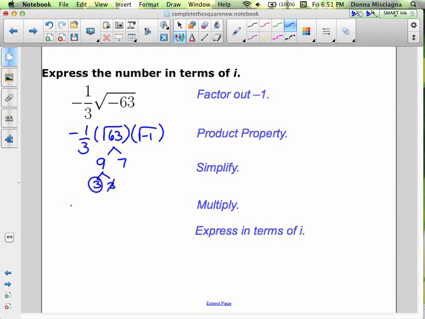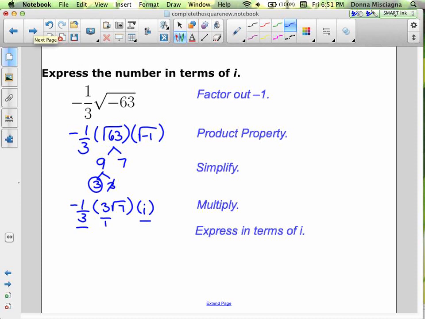When we rewrite this, we have negative 1/3 times 3 square roots of 7, and we know that the square root of negative 1 is i. So we need to multiply everything that's not in the radical. So that would be this, this, and this. 1/3 of 3, if you take 1/3 of 3, you're only going to have 1.